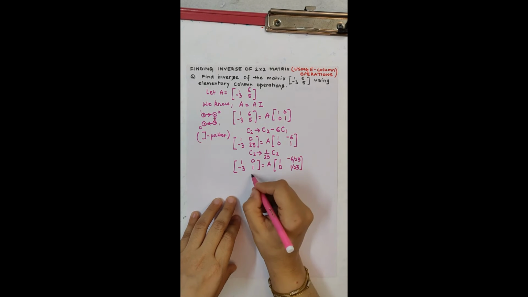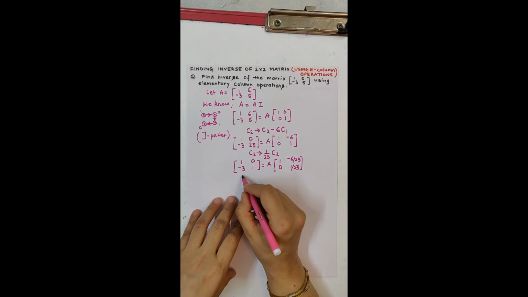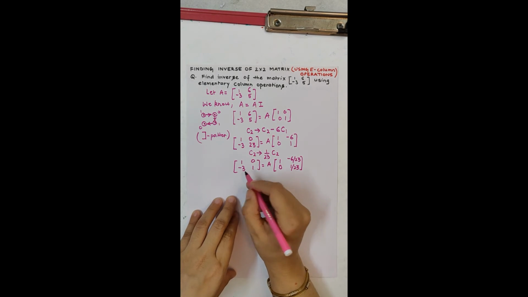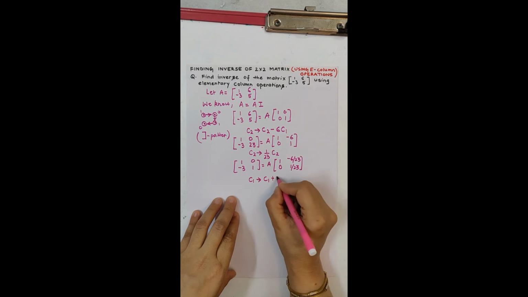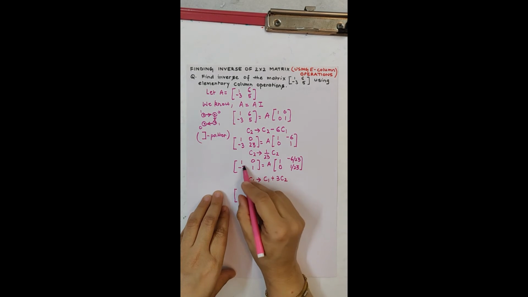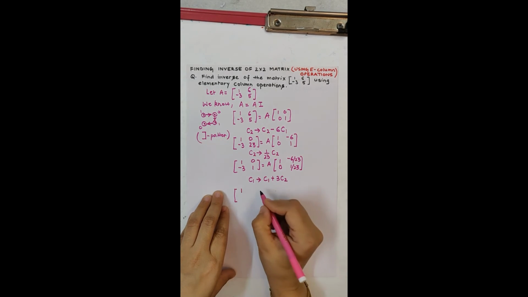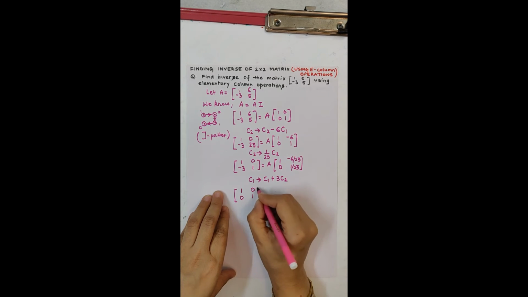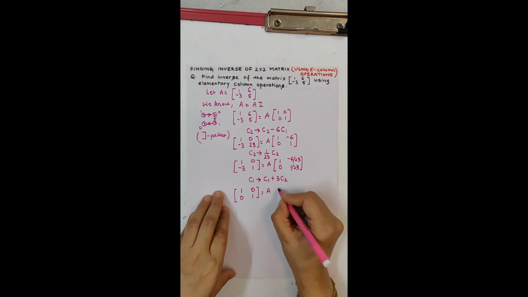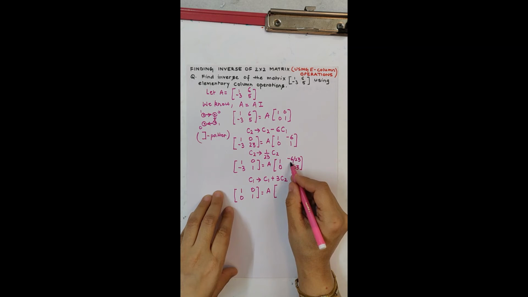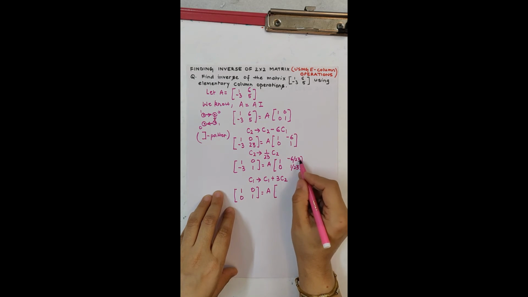All right. Now we have to make this last element 0. How can we do that? Multiply this by 3 and then add to this. So C1 goes to C1 plus 3 times C2. So here this becomes 1 plus 3 into 0, that's 1 only, minus 3 plus 3, that's 0, and the second column remains as it is. Here on the right hand side we will have 1 plus 3 into minus 6 by 23.